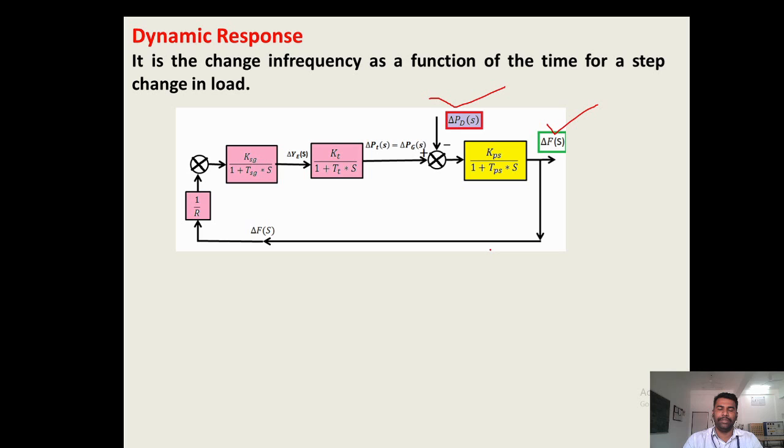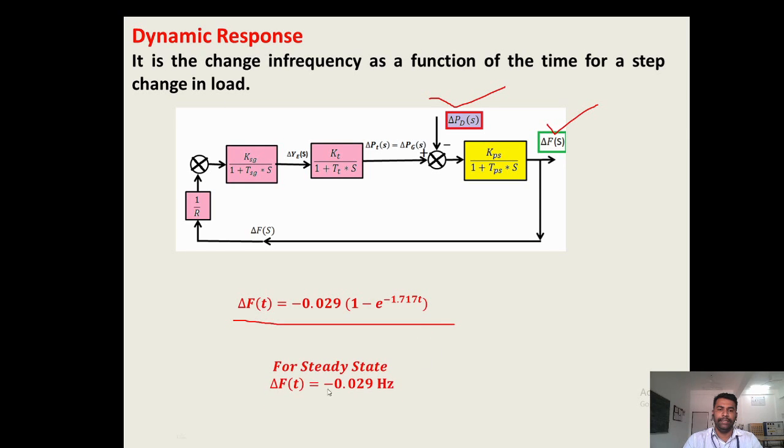The dynamic response is given by change in f of t is equal to minus 0.029 into bracket 1 minus e to the power minus 1.717 t, bracket complete. The approximation for steady state is change in f of t is equal to minus 0.029 hertz.